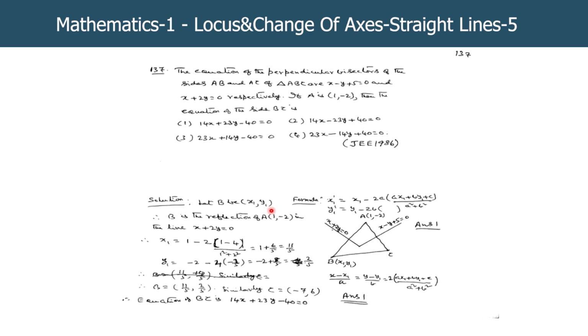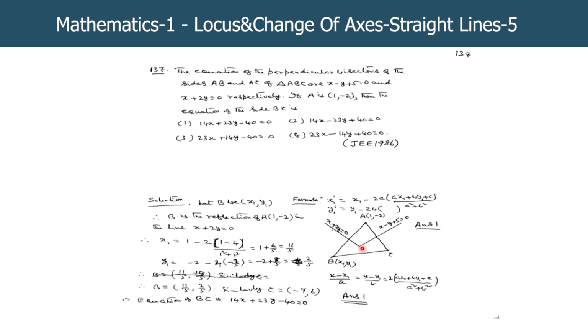So therefore B is (11 by 5, 2 by 5), and similarly C is (minus 7, 6). So therefore the equation of BC is 14x plus 23y minus 40 equal to 0, because we obtained the coordinates of B and C. So we can write the equation.